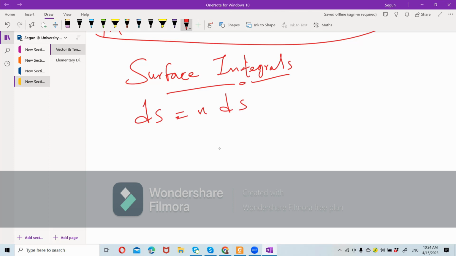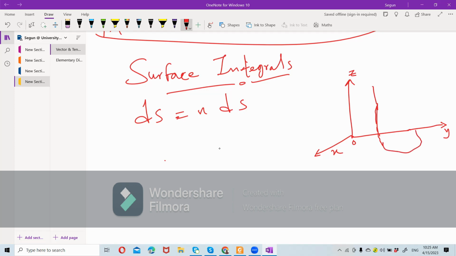By the time you are doing the surface integral, what are the things that are needed? We have this one. This is our x, this is the origin, here you have z, and here you have your y.